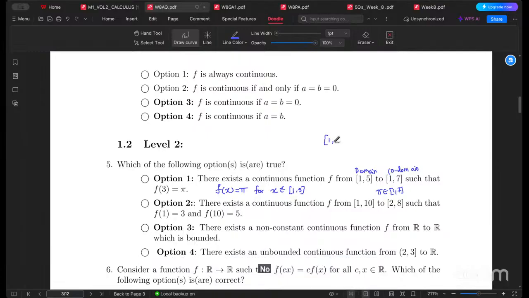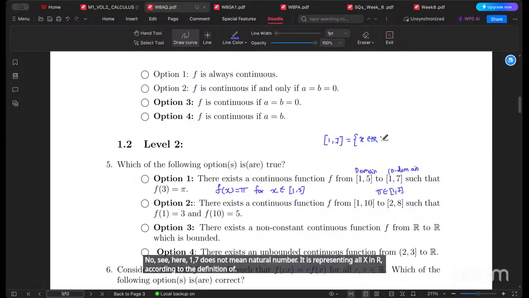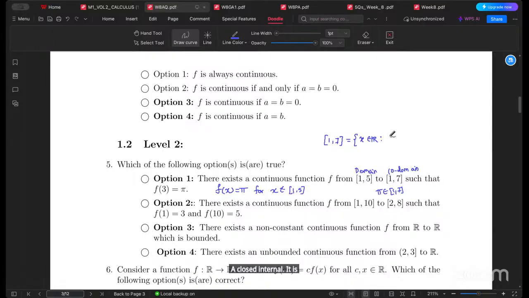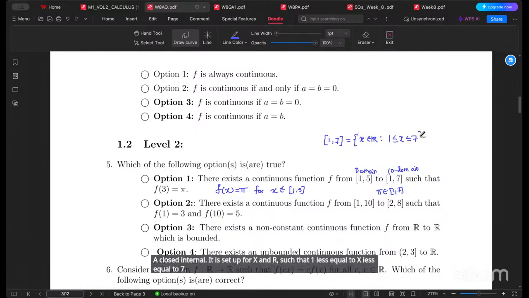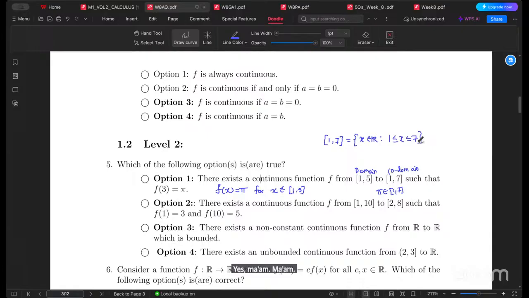No, see here [1, 7] does not mean natural numbers. It is representing all x in R according to the definition of a closed interval. It is the set of all x in R such that 1 is less than or equal to x, less than or equal to 7. Yes, ma'am. My doubt is, in this case, instead of R, if they just mention N, natural numbers, is this continuous?